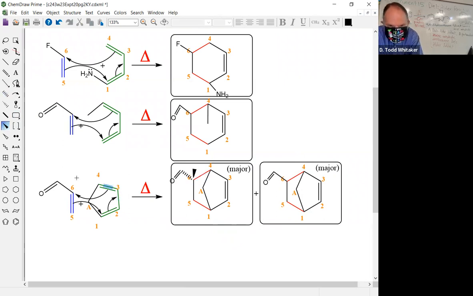And in the other one, you got the H down and the group up. And I want to make it very clear. In this bicyclo, that's coming out of the page. We good?